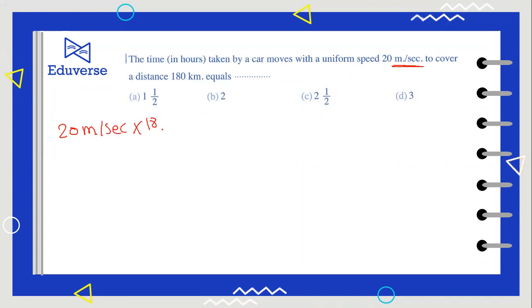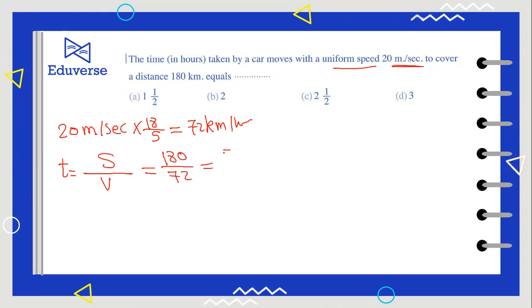Multiplied by 18 over 5, it will be 72 kilometers per hour. Uniform speed means no acceleration here. Then to find time, I divide the distance by velocity. Distance is 180 divided by velocity 72. It will be 5 over 2, which means 2.5. That's the answer, 2.5 hours.